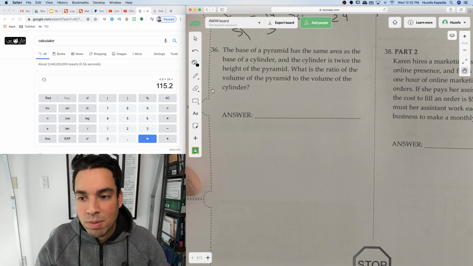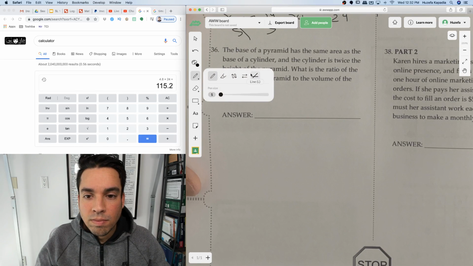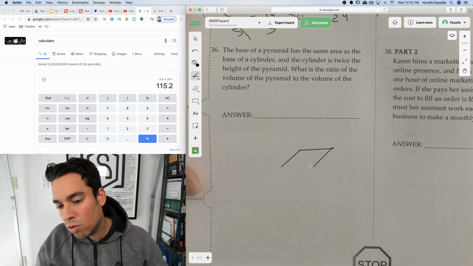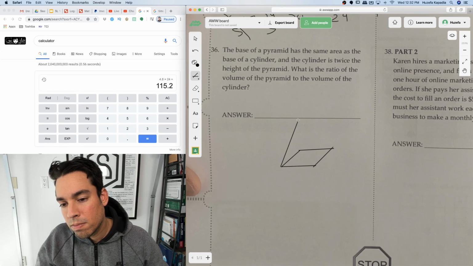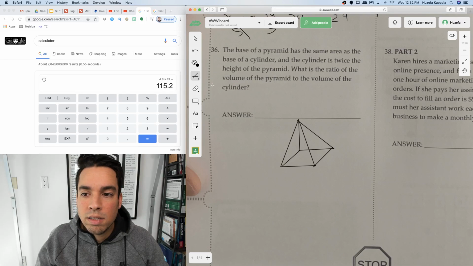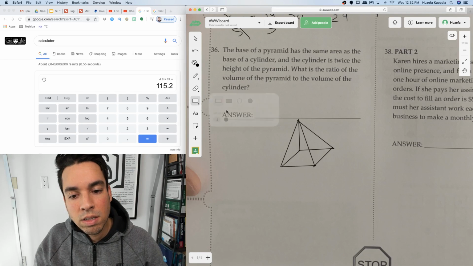The base of a pyramid has the same area. Base of a pyramid. So I'm going to do a quick drawing. Base of a pyramid has the same area as the base of a cylinder.